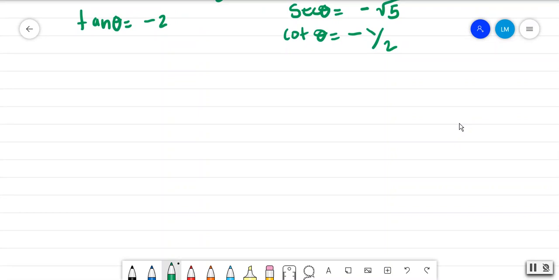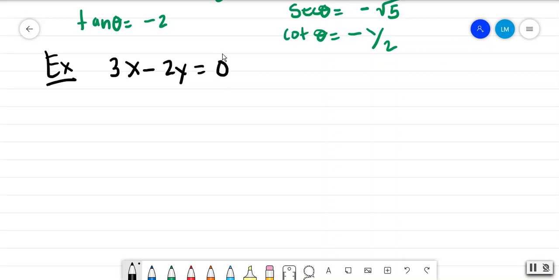So one thing that we can do is say, for example, that we look at 3x, and we'll do this as an example. Let's say that you have 3x minus 2y is equal to 0.